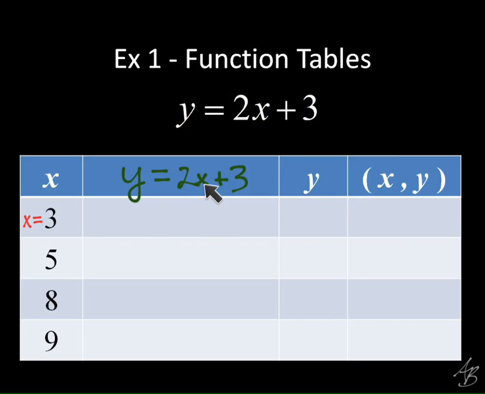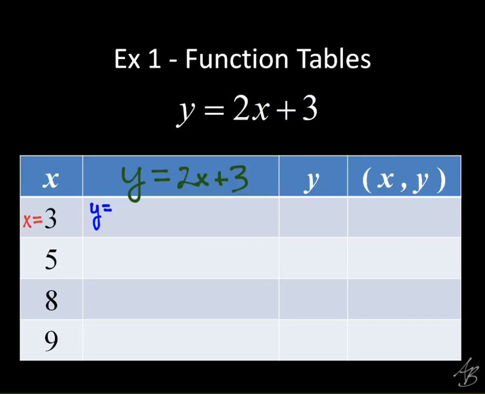Now, real quick, before I do that, what does this 2x here mean? Does it mean 2 times x, 2 plus x, 2 divided by x, just 20x? Since 2x means 2 times x, we have to remember that when we put this 3 in where the x goes. So again, I'm going to write the equation exactly like it is. I'm going to write y equals, and notice I'm starting all the way to the left.